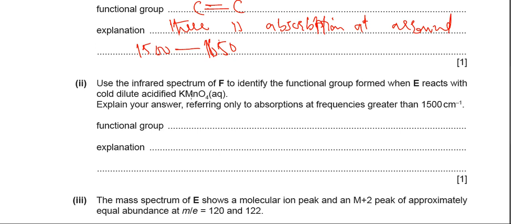Then he says use the infrared spectra of F to identify the functional group formed when E reacted with cold dilute permanganate. As I clearly mentioned, this is OH, hydroxyl, or just write this symbol. Okay, so for the explanation, you have to follow the same format.